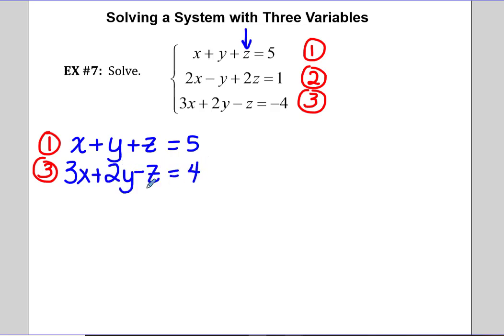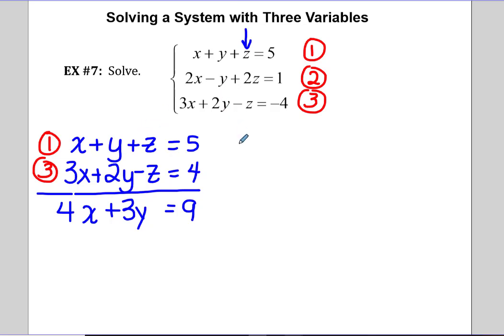So that makes it pretty straightforward. Adding those together, we're going to get 4x plus 3y, the z's are gone, and that gives us 9.